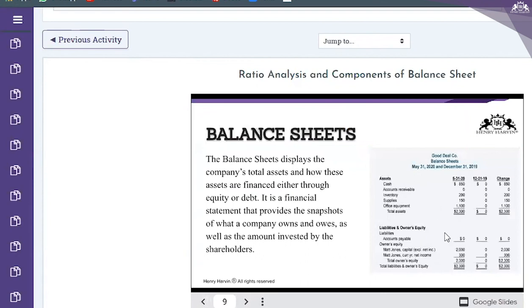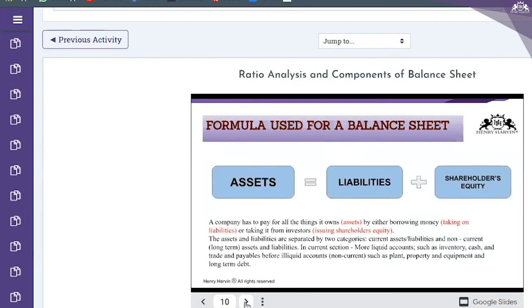This is how a balance sheet looks: asset side and liability side. Asset side: cash, accounts receivable, that means current assets, and fixed assets. Liabilities: current liabilities and non-current liabilities, and your capital. Assets is equal to liabilities plus capital. That's what I told you.